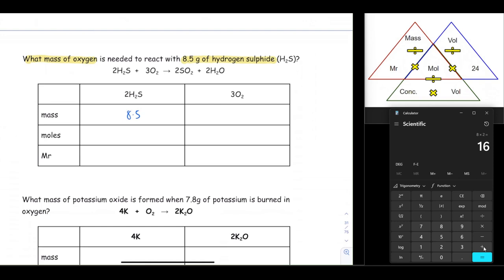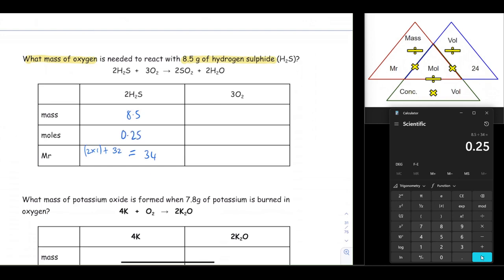The relative molecular mass is 2 times 1 plus whatever sulfur is. Sulfur is 32, plus 32. That gives me 34. So 8.5 divided by 34 gives me 0.25.